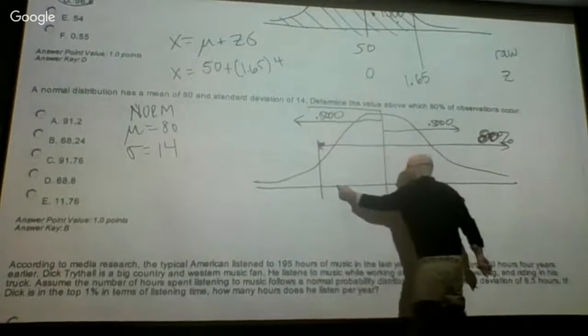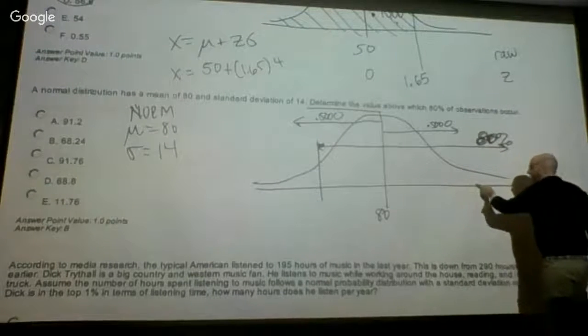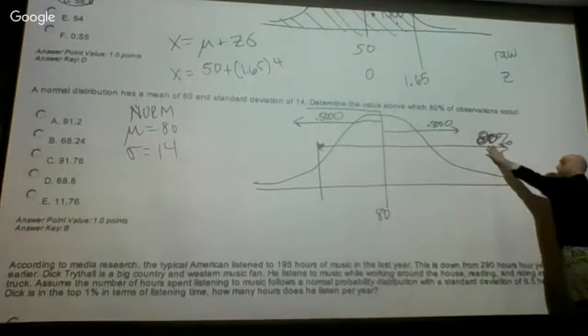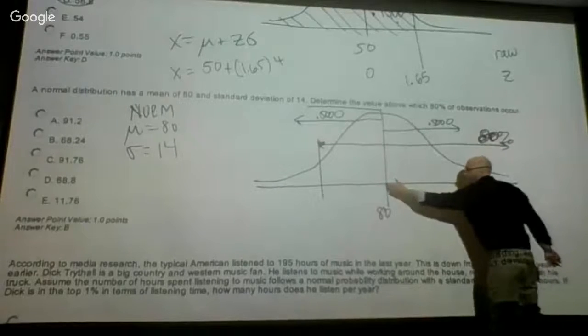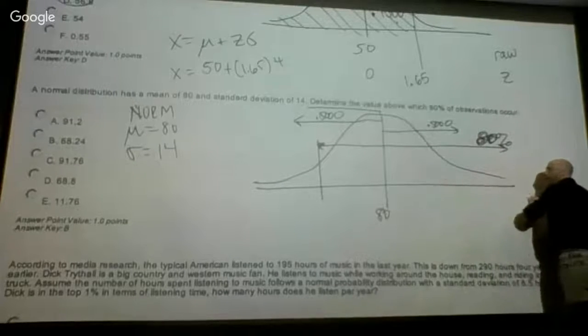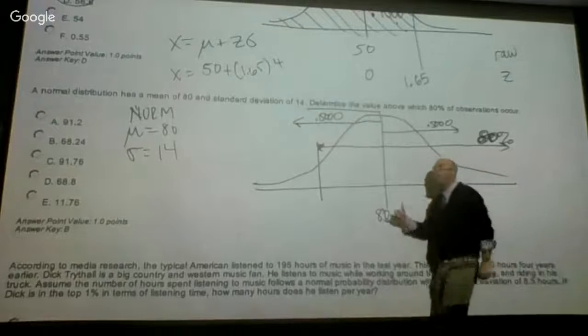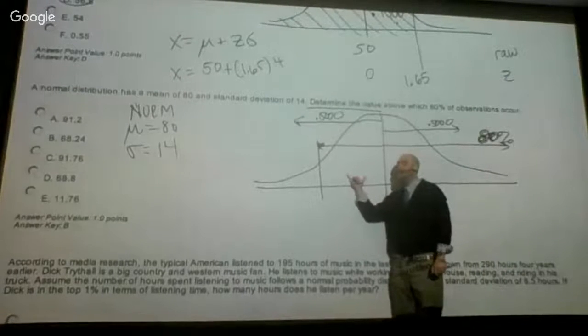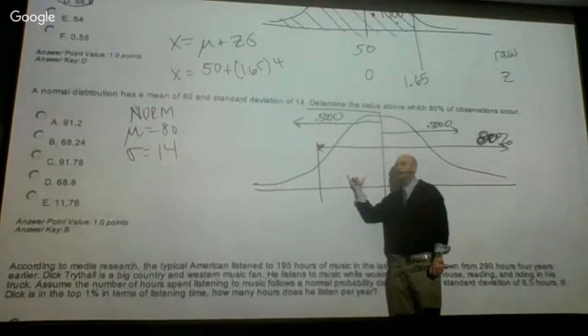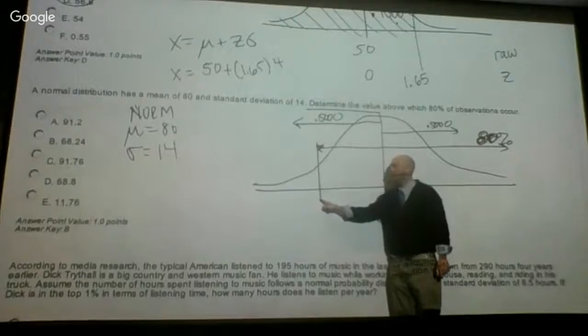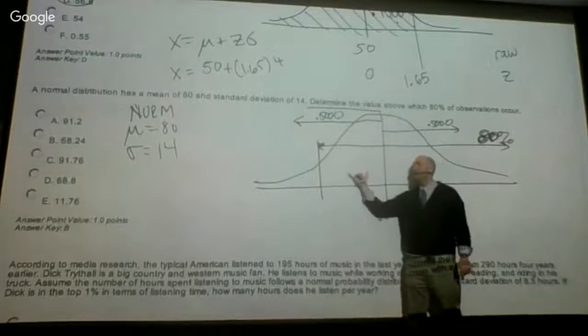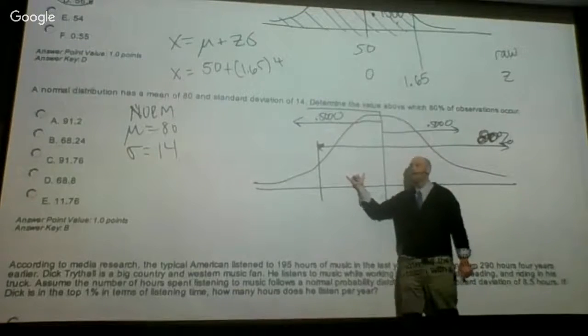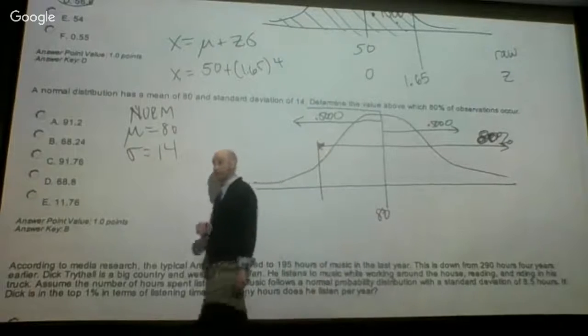If 80% of stuff is all of this, and 50% of stuff is all of this, how much is left in this area right here, just between whatever raw score we need to find, that's our destination, and the mean? What area is right here? 30%, or 0.3000.